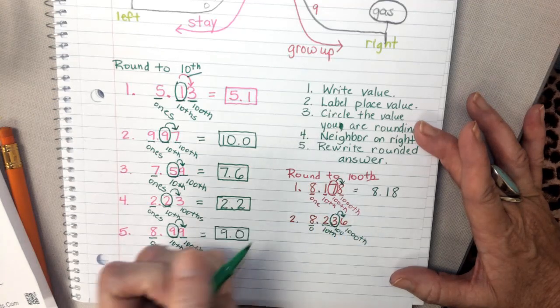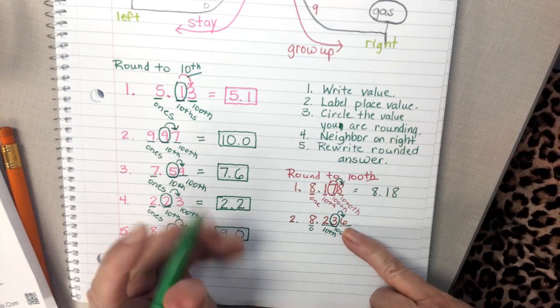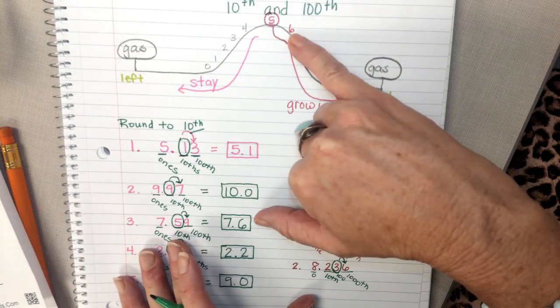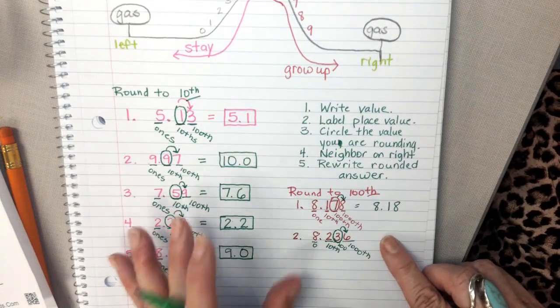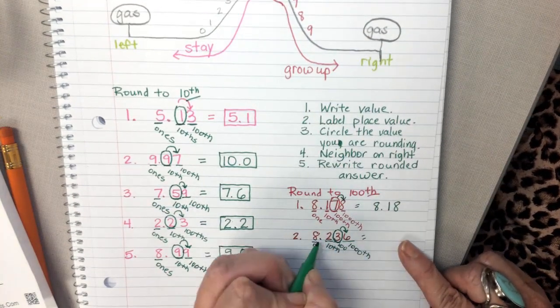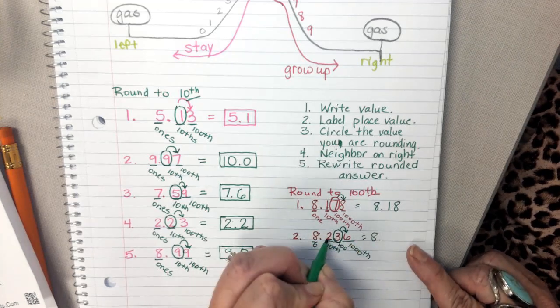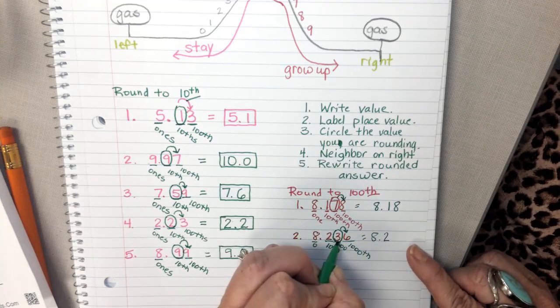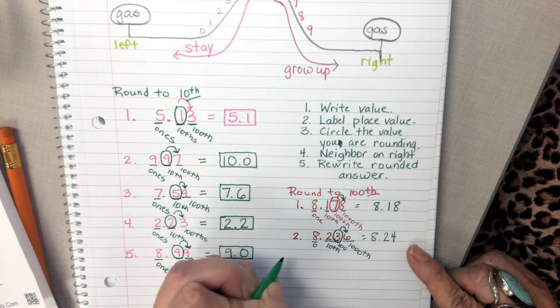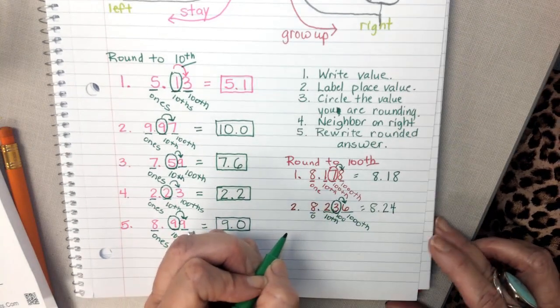Knock on our neighbor's door. It's a 6. The 6 says to grow up. So again, we're keeping the numbers in front of the circle the same. The 8 stays the same, the decimal, the 2, but the 3 is going to grow up to the next value of 4. 8 and 24 hundredths.